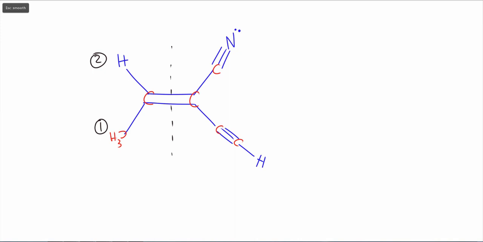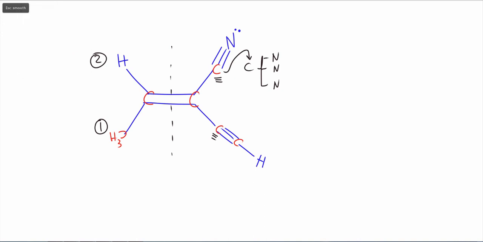Okay? Now, here we have an interesting situation. We have a carbon here, and we have a carbon here. So this carbon is triply bonded to 3 nitrogens. So that's going to be N, N, N. I'm referring to this carbon, okay?